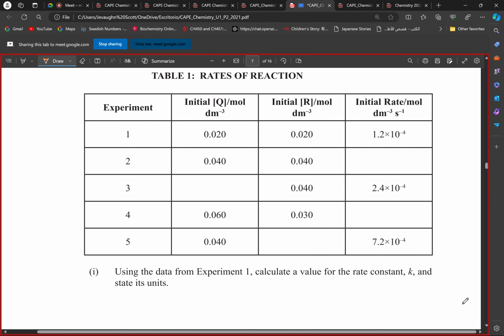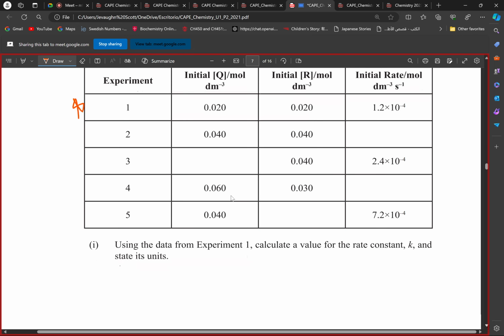Yes, sir. I transpose the formula for K and punch in experiment 1. So K is equal to what? Rate divided by the concentrations of the reactants.